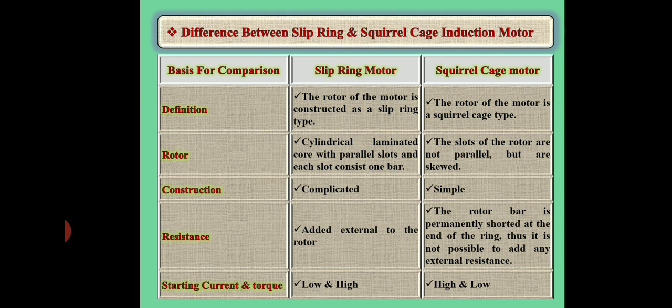The fifth basis is starting current and starting torque. In slip ring motor, the starting current is low and starting torque is high, while in squirrel cage motor, the starting current is high and starting torque is low.